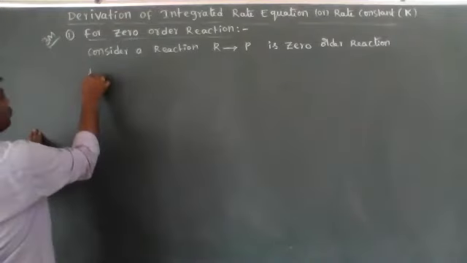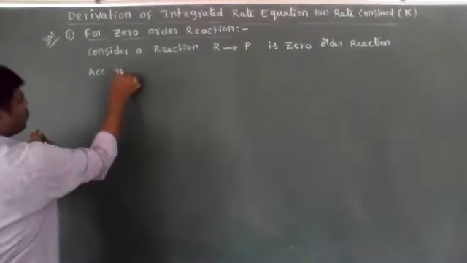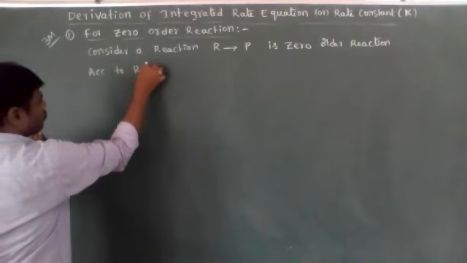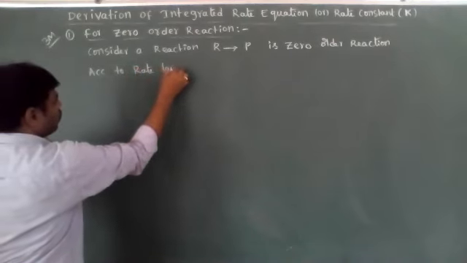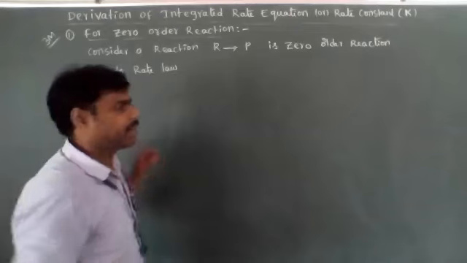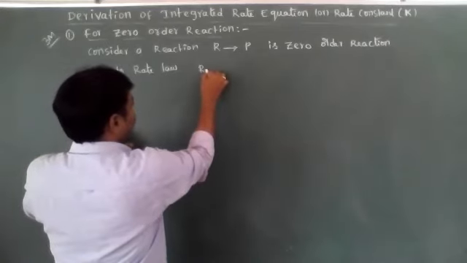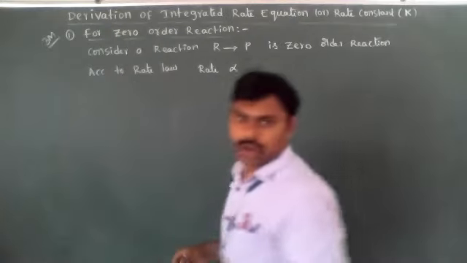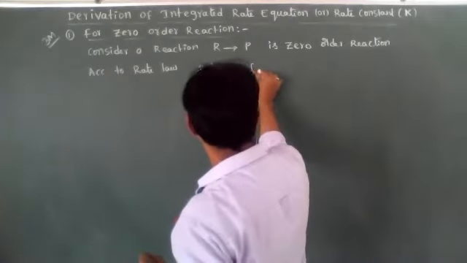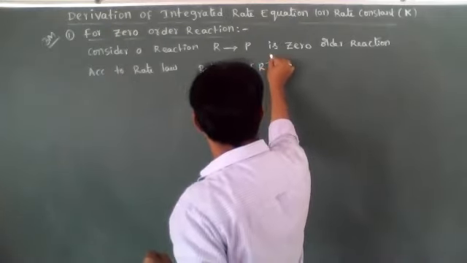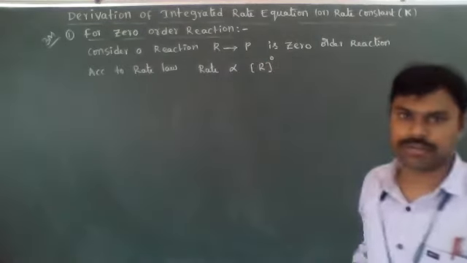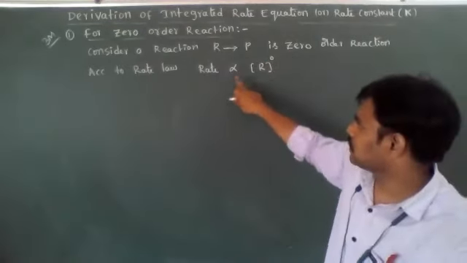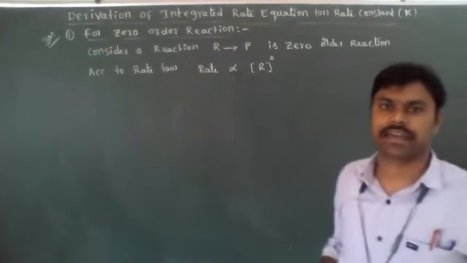According to the rate law, or rate equation or rate expression, the rate is directly proportional to the concentration of reactants, and the power should be zero. Such a rate expression is known as a zero order reaction.